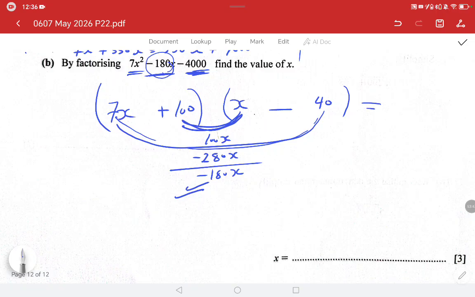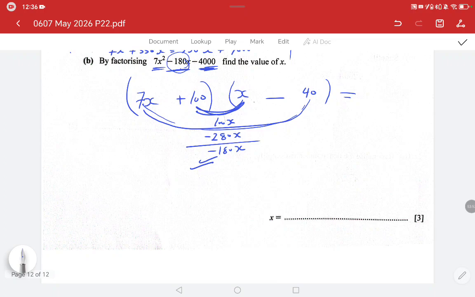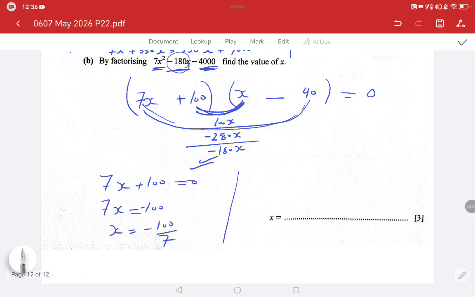They said factorize and then find the value of x. To find the value of x, we take each bracket equal to 0. So 7x plus 100 equals 0, 7x equals negative 100, and x equals negative 100 over 7. The other side, x minus 40 equals 0, so x equals 40.